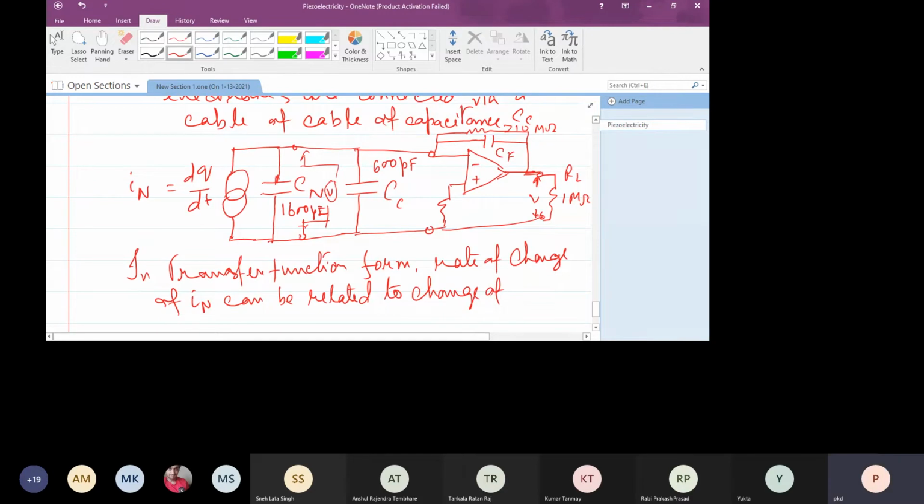I think change of IN is better terminology. Change of IN can be related to change of X.